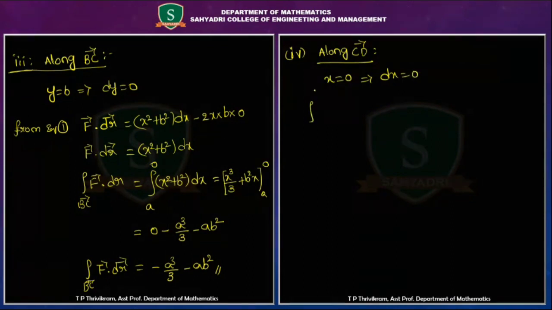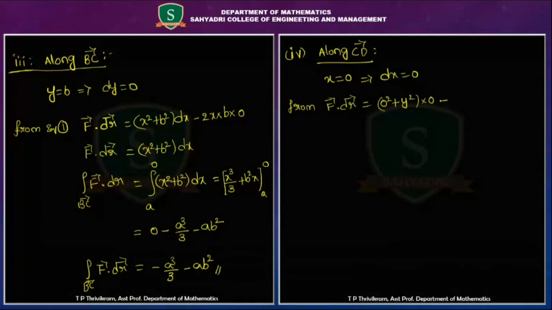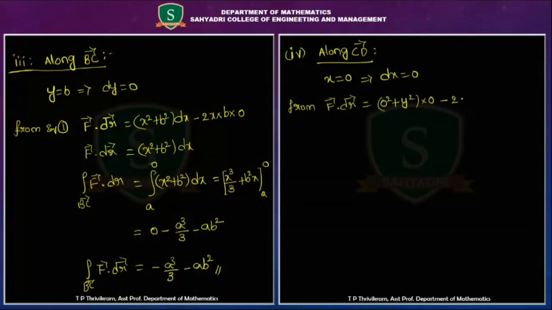Okay, before finding the integration, from equation 1 you have to write f dot dr is equal to 0 square plus y square into dx, dx is 0, minus 2 into 0 into y into dy.